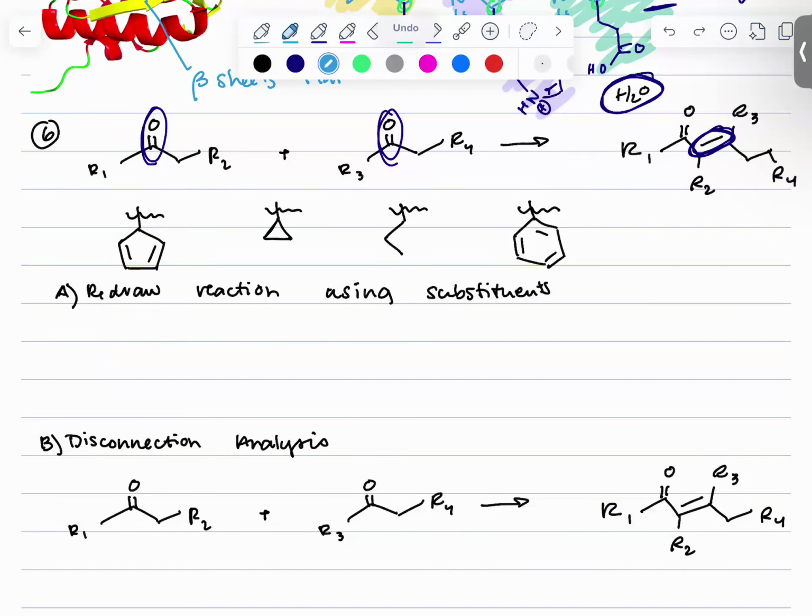So our first substituent from our bank of substituents is this 5-membered ring. I'm gonna use it as R1. I'm gonna use the triangle as R2.